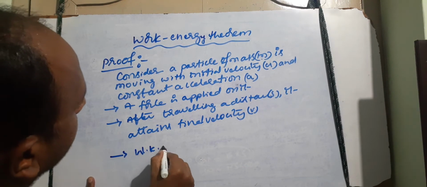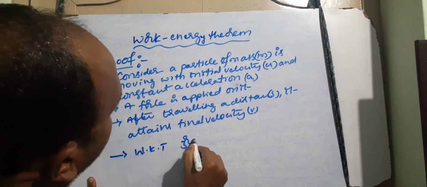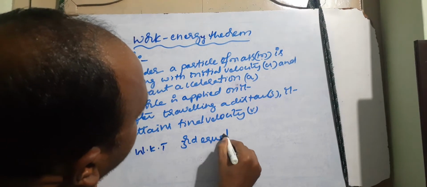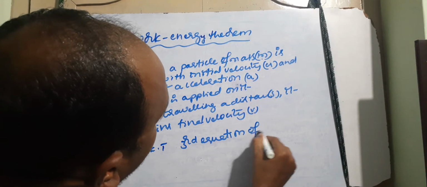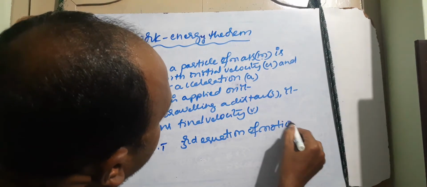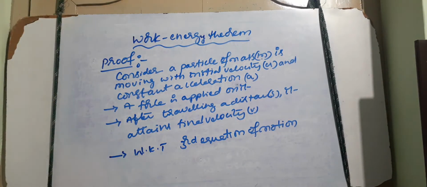So now from this, we use the third equation of motion. We have three equations of motion for a body moving in a straight line with constant acceleration: v is equal to u plus at, s is equal to ut plus half at square, and v square minus u square is equal to 2as.